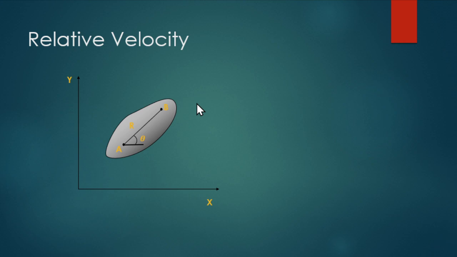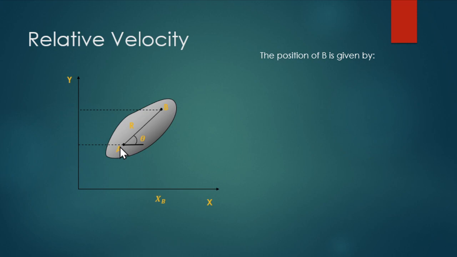So first, we have to get the location of point B. The position of point B is given by: we have X sub B, measured from the Y axis.